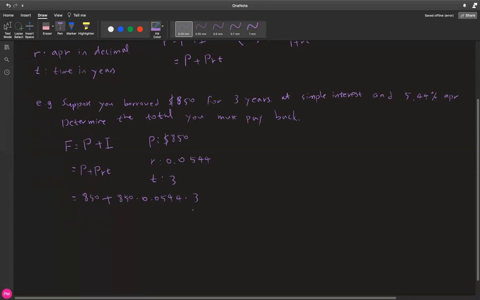Plug this into the calculator and you should end up with $988.72. So this means that after 3 years, in this scenario, you would have to pay back $988.72 to the lender.